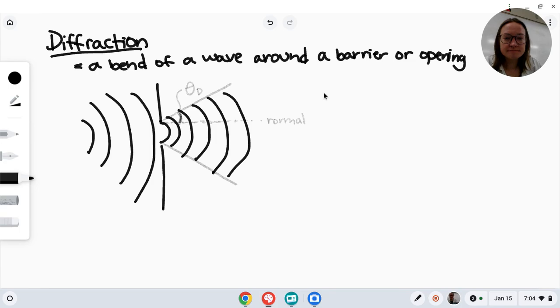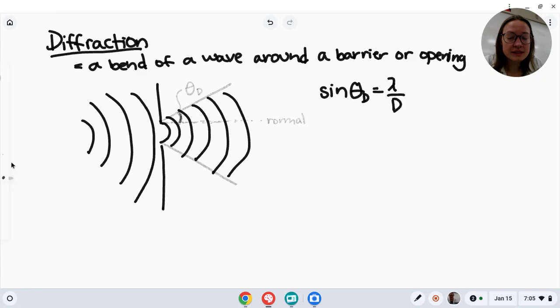The amount that it will diffract is sine of theta d, the angle of diffraction, is equal to the wavelength of that wave divided by the opening. This here is the diameter of the opening. It's how big the opening is. I'll label it on my picture here with pencil. This right here is D, the diameter of the opening.